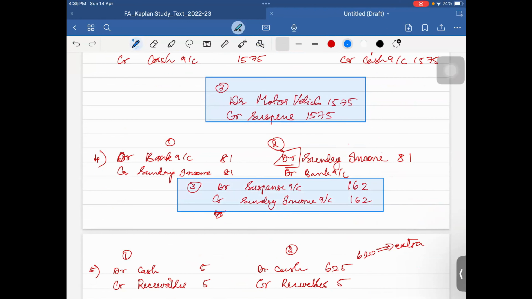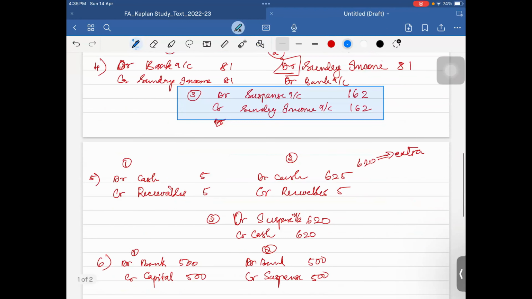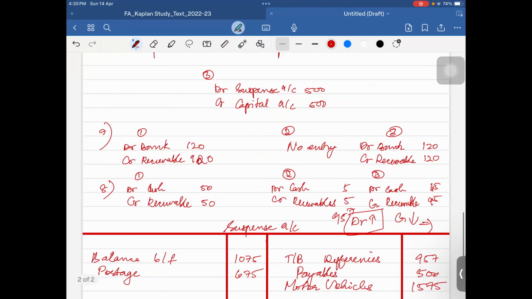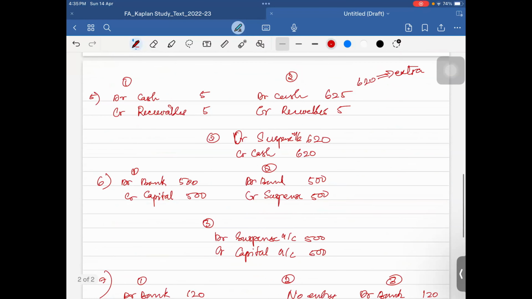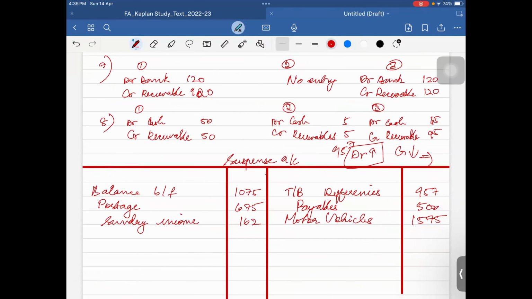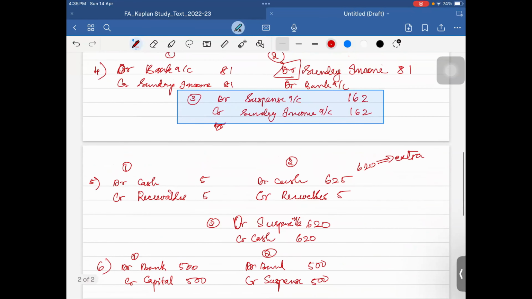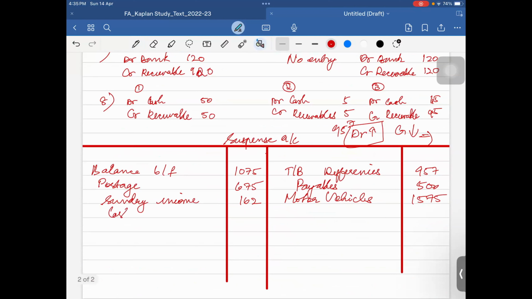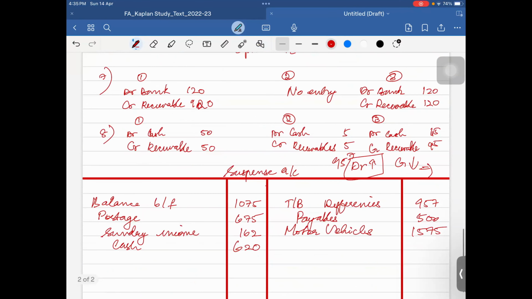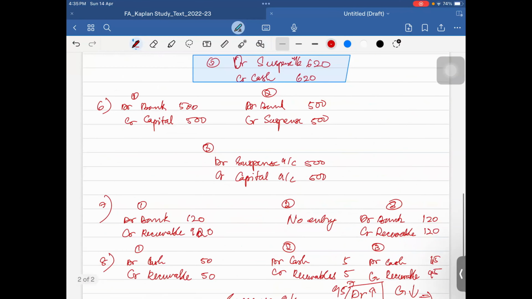Debit side. So, sundry income on the debit side. Clear? 162. Next one. Suspense is on the debit side. So, whatever comes on the other side becomes the debit. That is cash. 620. Next one.